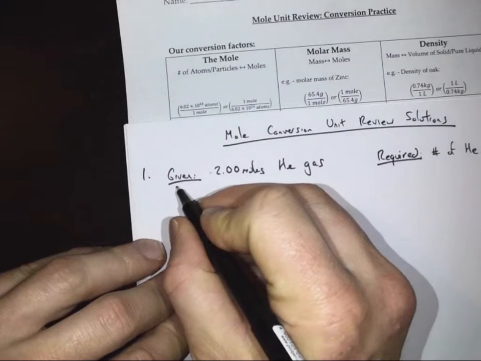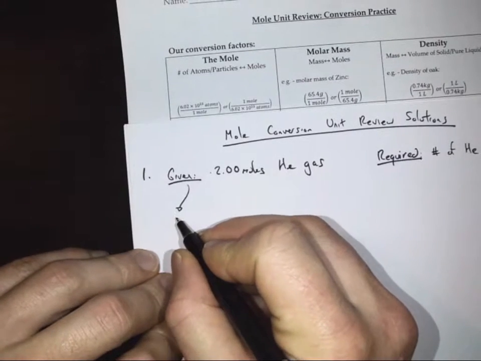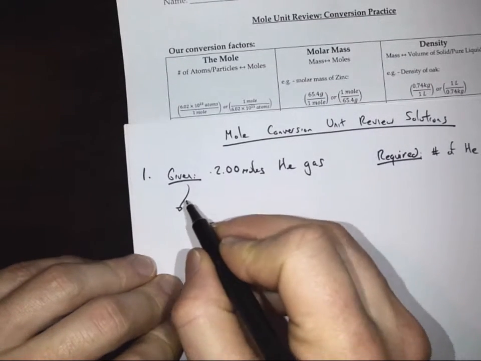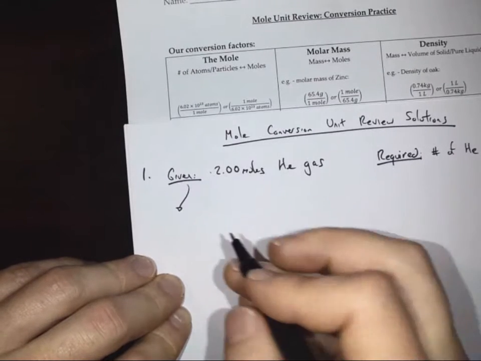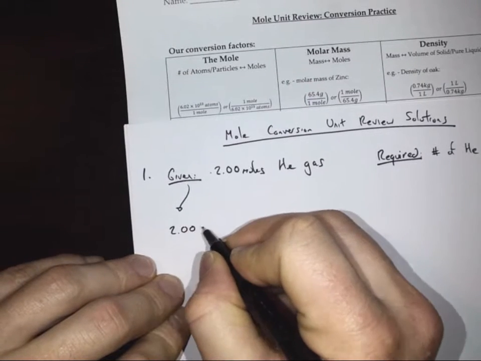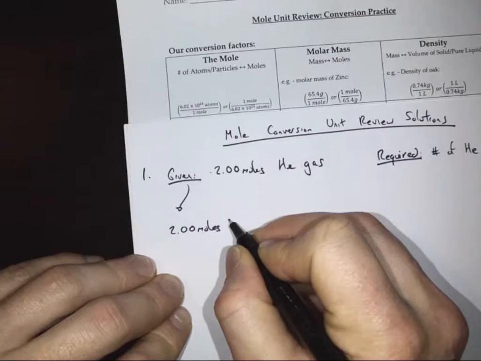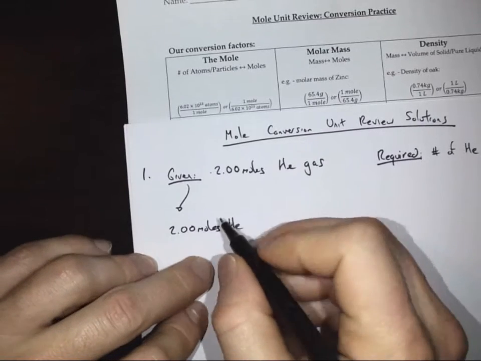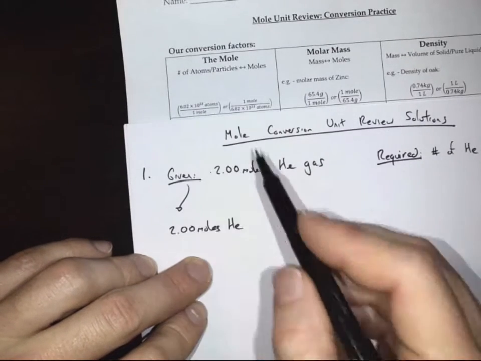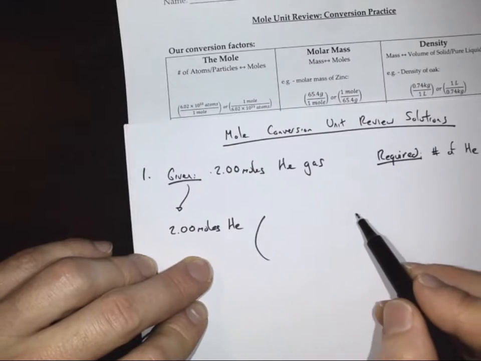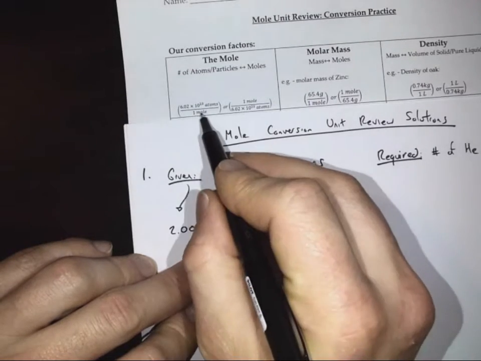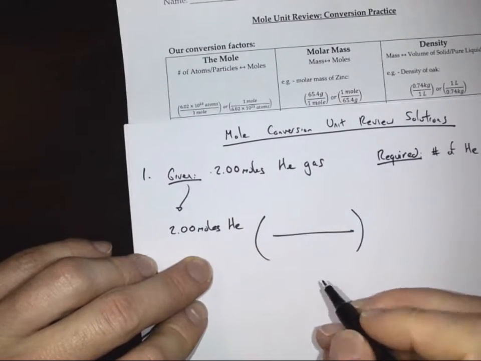Okay, so we always start with our given value. Sometimes we're given multiple values, and that can make it a little difficult. In this case, we're only given 1, so that's our starting value, 2.00 moles helium. And I'm going to convert that number of moles using this conversion factor on the left here, because I want to cancel out my units of moles diagonally.